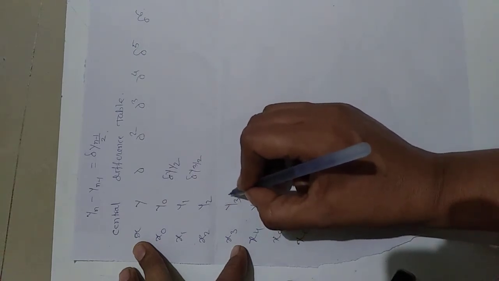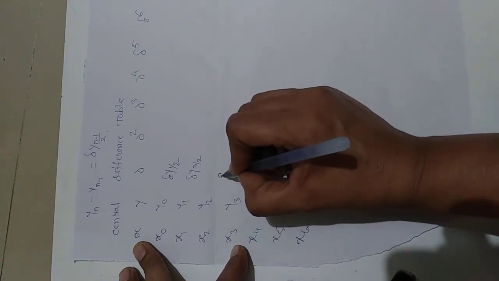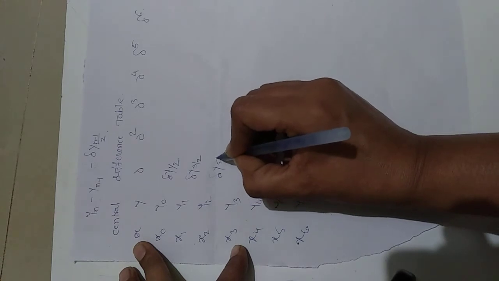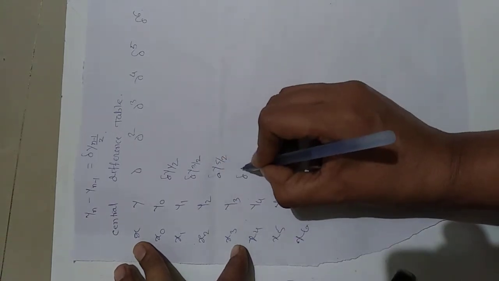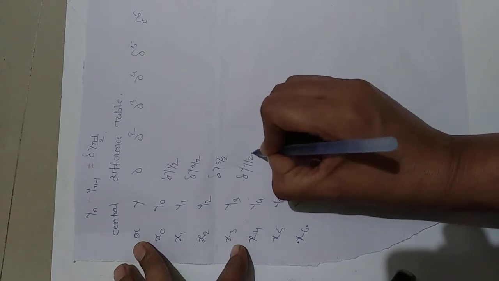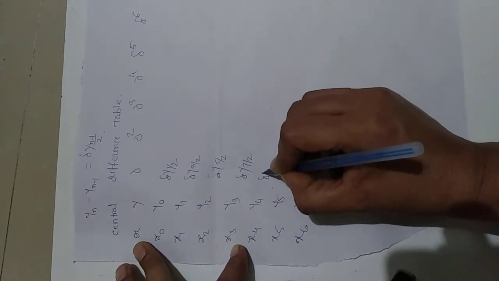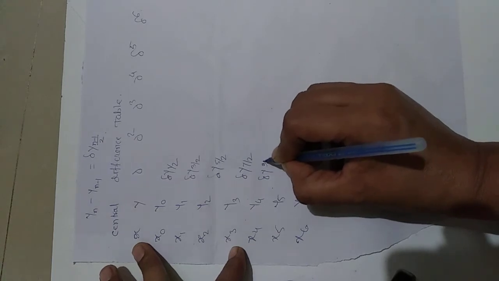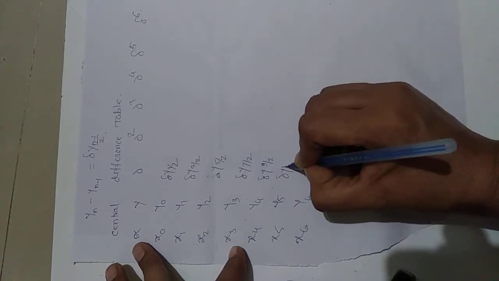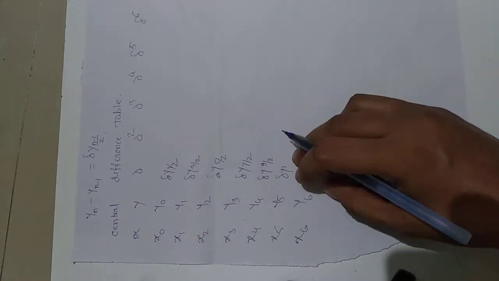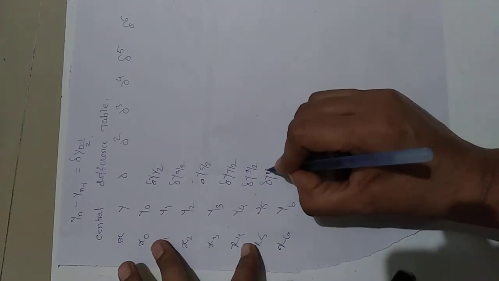The difference between y2 and y3, that is del y5 by 2, means addition of these two numbers. Del y7 by 2, del y9 by 2, and del y11 by 2.